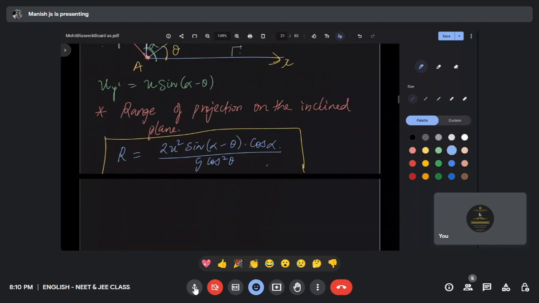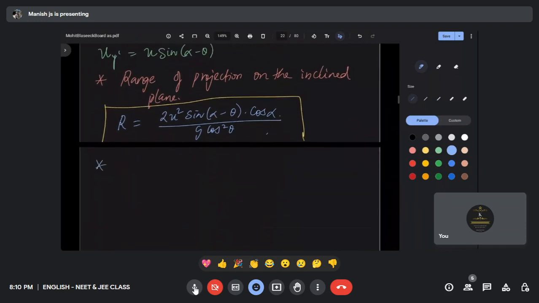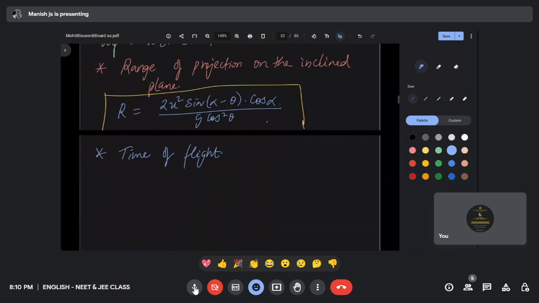The next part is we will see the formula for time of flight. Here, the time of flight is not 2u sin theta by g.